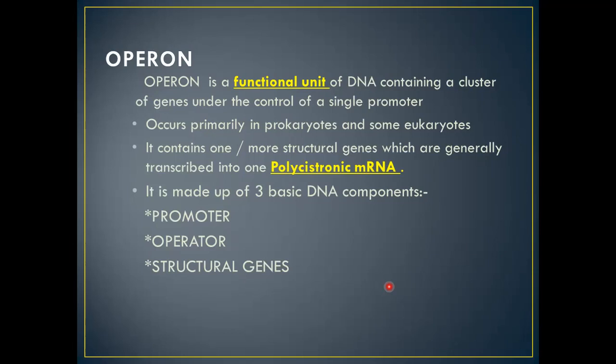It contains one or more structural genes which are generally transcribed into one polycistronic mRNA. The operon is made up of three basic components, that is promoter, operator, and structural genes.